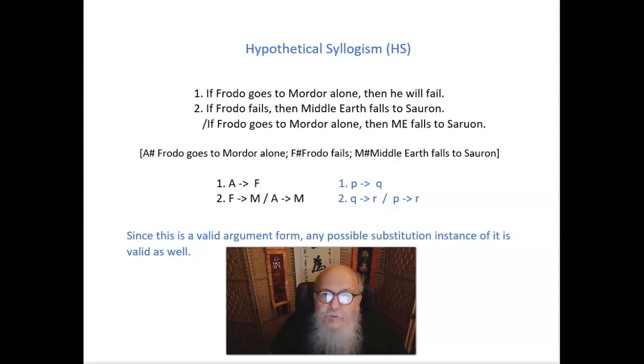Therefore, if Frodo goes to Mordor alone, then Middle-earth falls to Sauron. We create our dictionary, and we symbolize it. If A, then F, if F, then M, therefore if A, then M. And that gives us the form, if P, then Q, if Q, then R, therefore if P, then R. Now, since this is a valid argument form, any possible substitution instance of it is valid too.